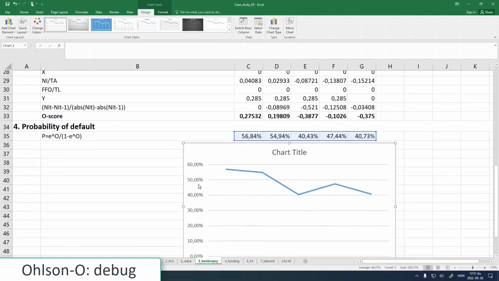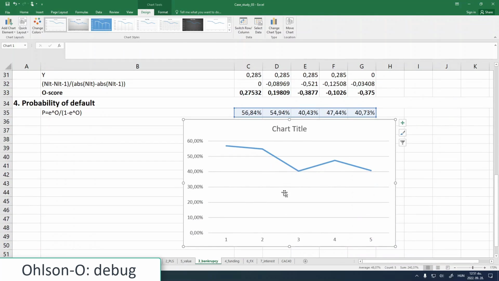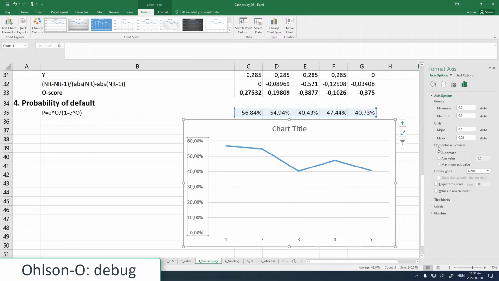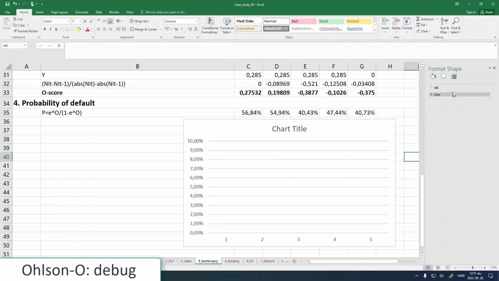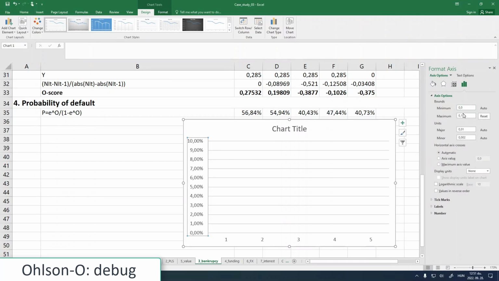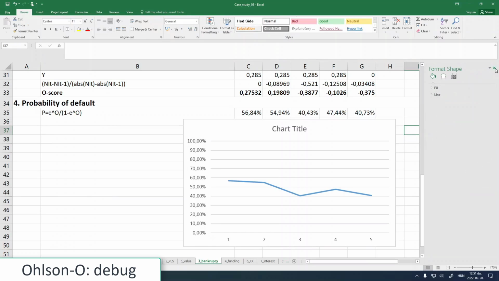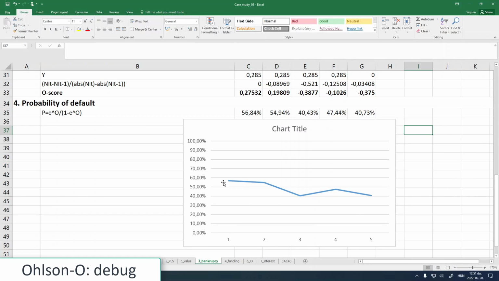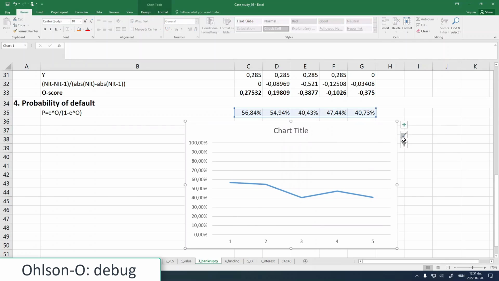Because we like to do so, now we have also a chart here which shows us that it's increasing, improving a bit.